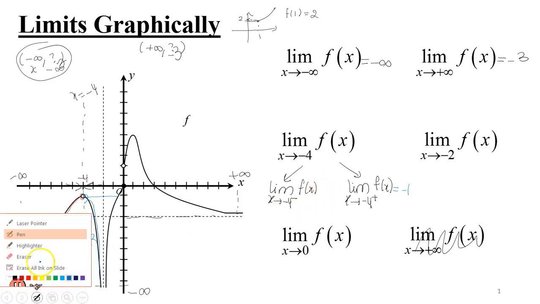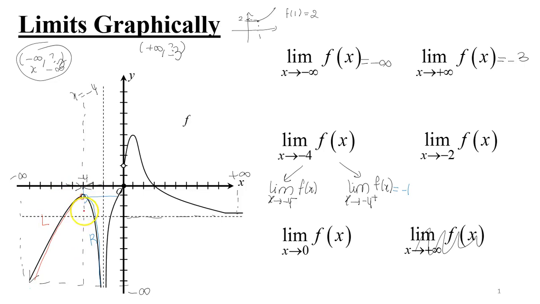However, if we look at the curve to the left of -4, looking at the red curve only, as we project from -4 to the curve and read the corresponding value of y, you notice that the red curve also has y equals -1 when x is -4.